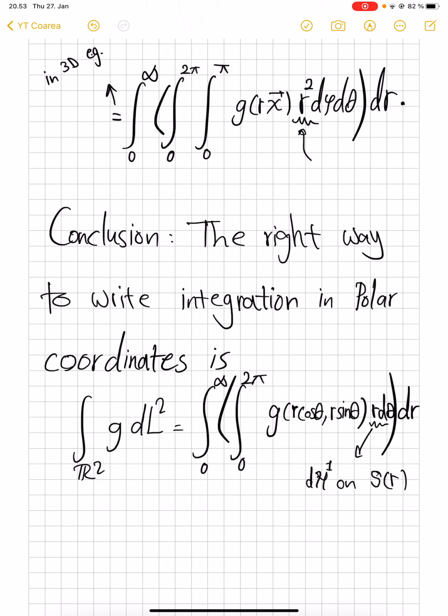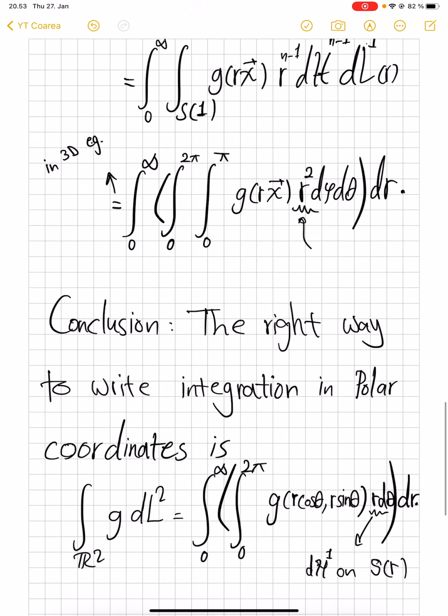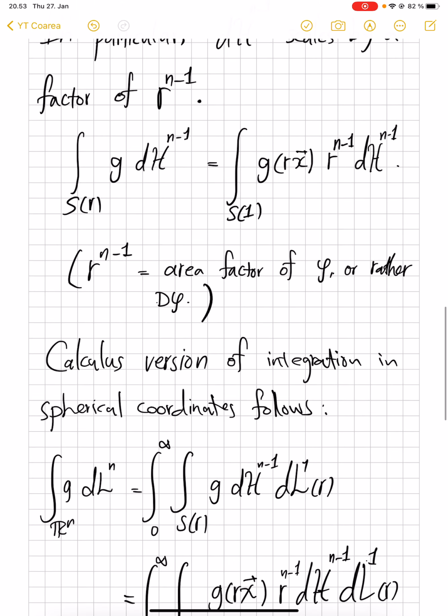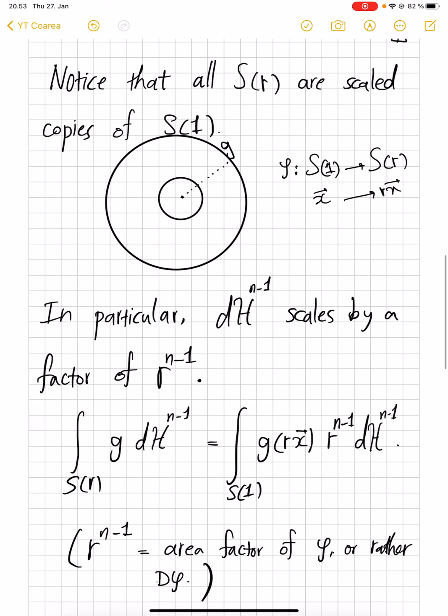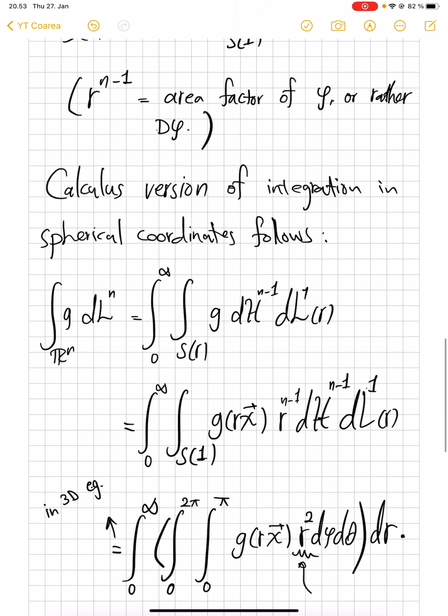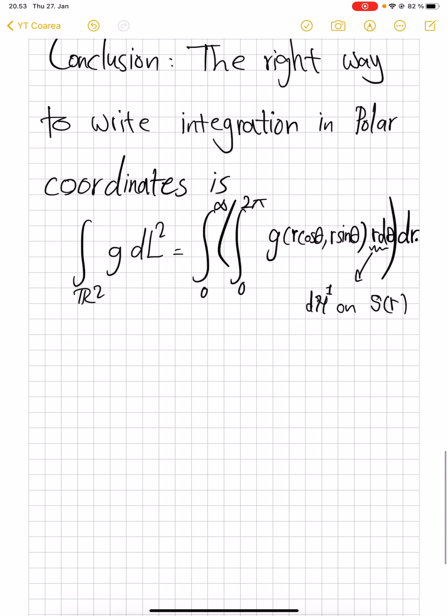But of course, Fubini allows you to reorder them, and sometimes you see r dr d theta, for example. Depending on which integral is easier to calculate, we of course use both. But anyway, this is using some heavy machinery to get at the formula that we have been using already many times.